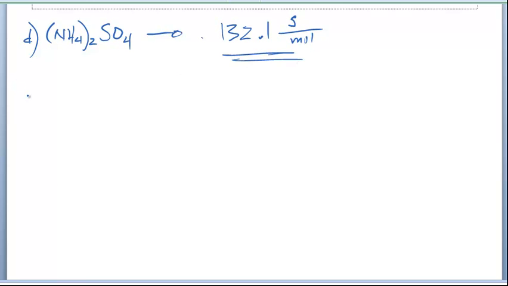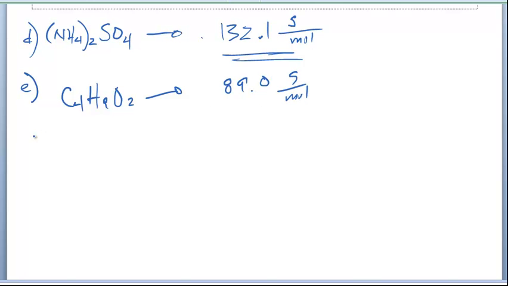Okay. E. This one, let's see, C4H9O2. All right, so here, that's pretty straightforward. When you add everything up, you should get 89.0 grams per mole.